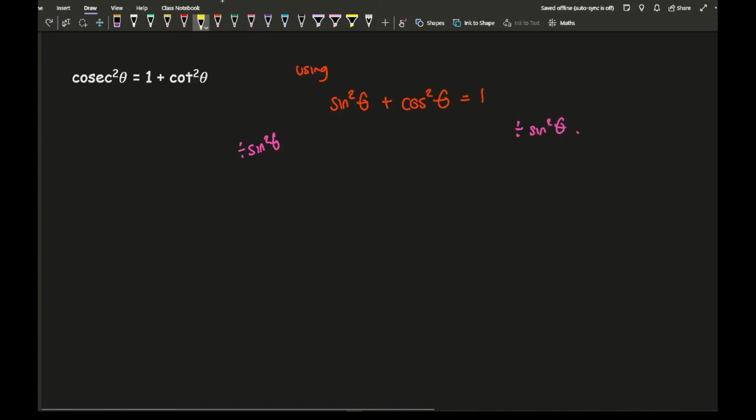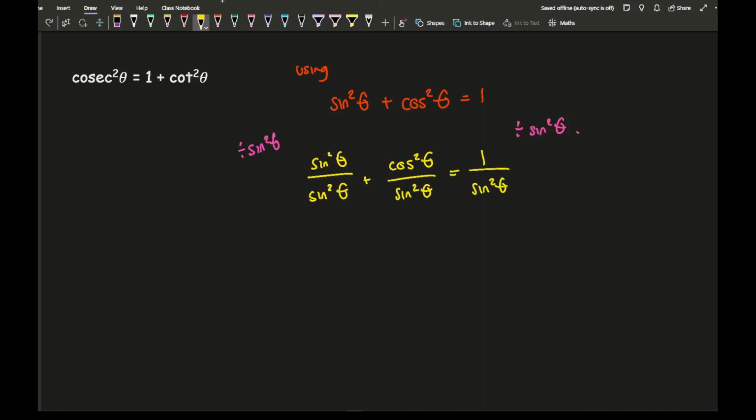Then what we end up with is sine squared theta over sine squared theta plus cos squared theta over sine squared theta equals 1 over sine squared theta. Now, we can simplify, so this equals 1 plus cos theta over sine theta all squared equals 1 over sine theta squared, because all those are the same thing.